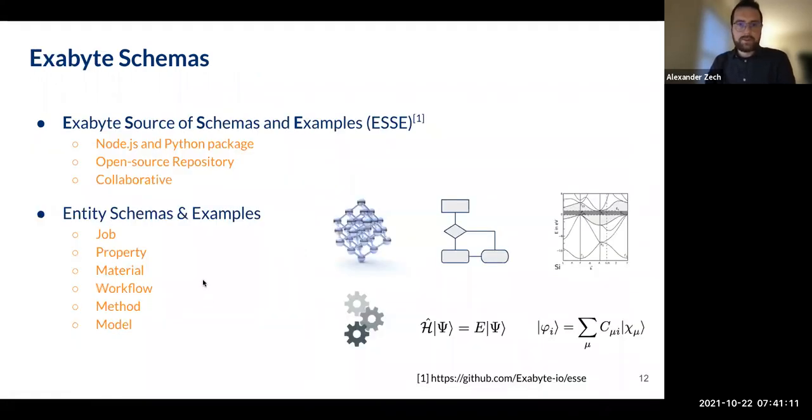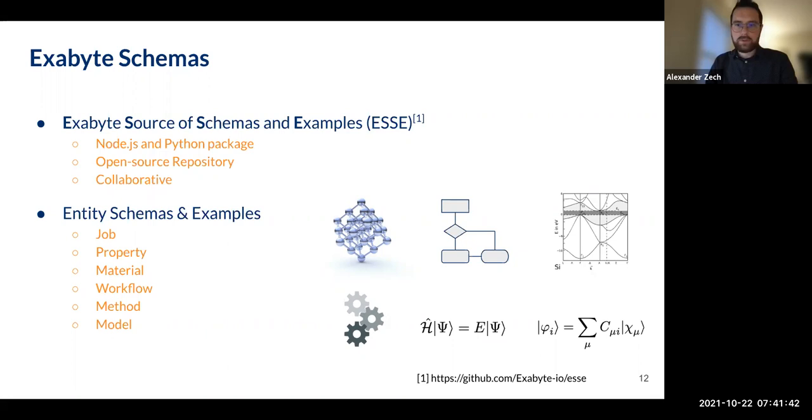And these schemas that are used on the Exabyte platform are collected in a repository called the Exabyte Source of Schemas and Examples, or short ESSE. This is available as a Node.js or a Python package. And it's an open source repository. So if anyone is interested, they can check out these schemas there. There are also examples for these schemas. And this is also a collaborative approach.